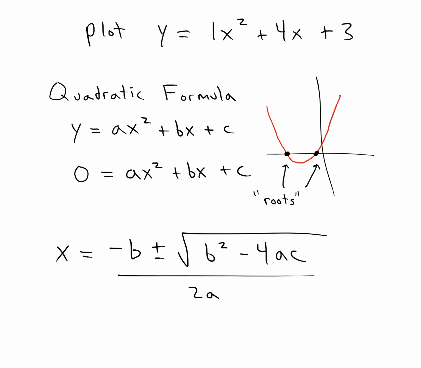There's a lot to it, and as you can see, it has a plus or minus, so there is a possibility of getting 2 answers out of this formula. Now, if you recall from our quadratic, a is 1, b is 4, and c is 3. Those are going to be the things that we want to plug into it.